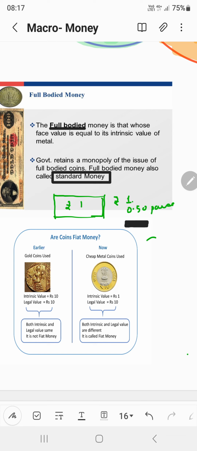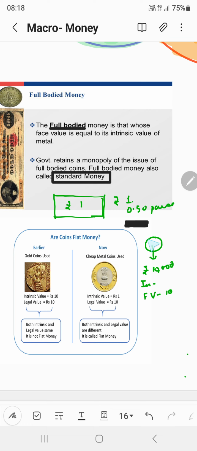But if you get a gold coin worth, suppose, rupees 10,000, the intrinsic value is 10,000 and face value, which is also 10,000, that is the legal value of this gold coin, are the same.